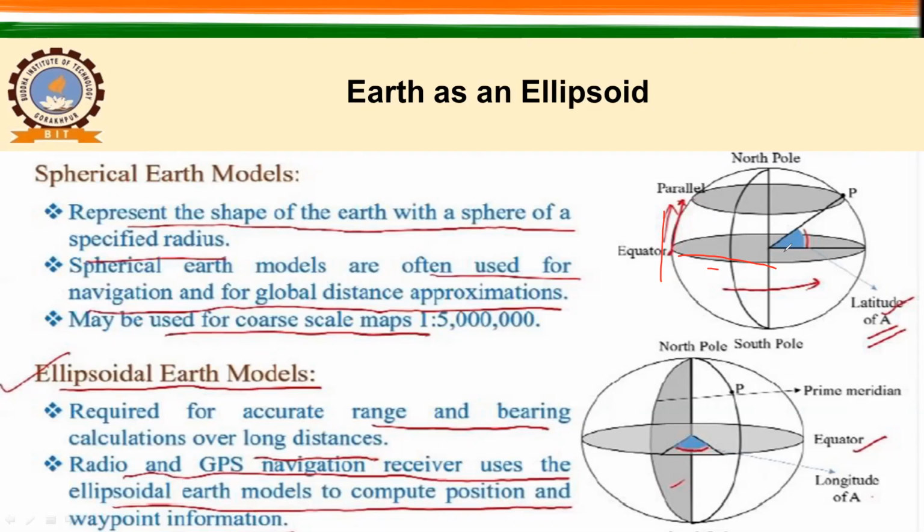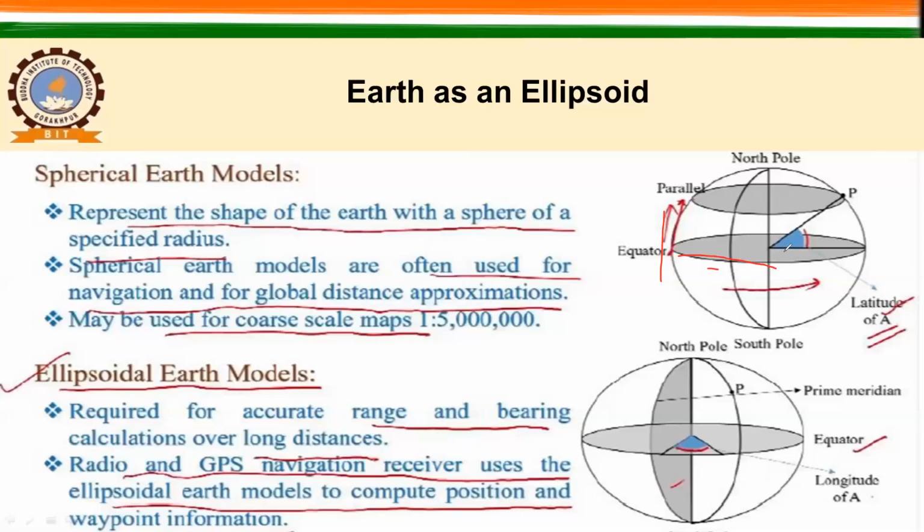That is why we have shifted to the ellipsoid, which best represents our Earth, where we can have this prime meridian. You can see here the equator and longitude, again coming in this direction, right? It is required for accurate range and bearing calculation over long distances.